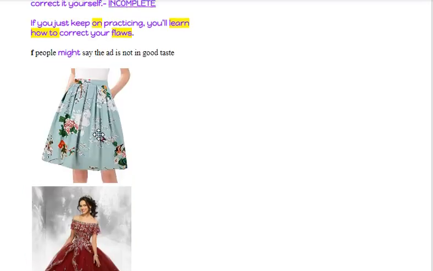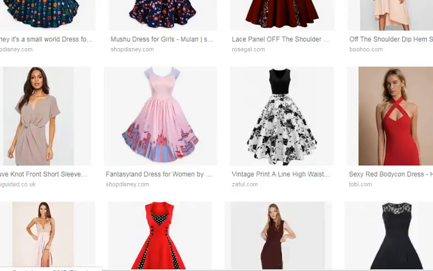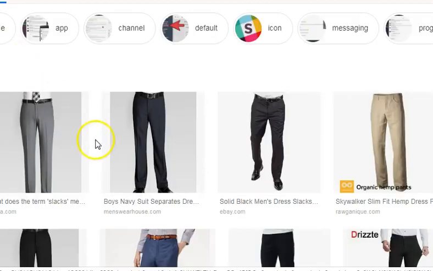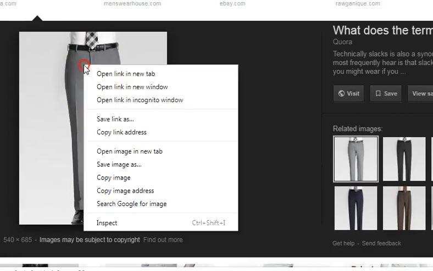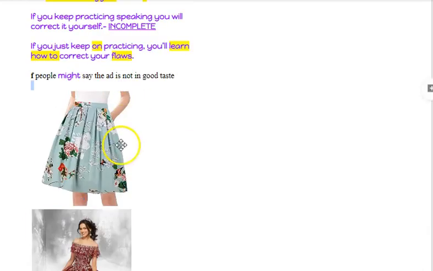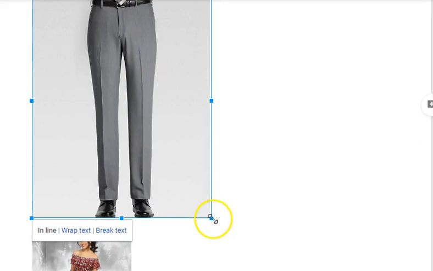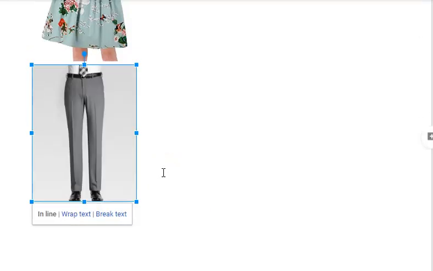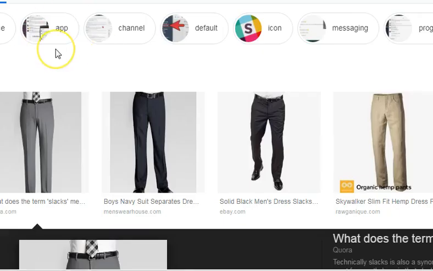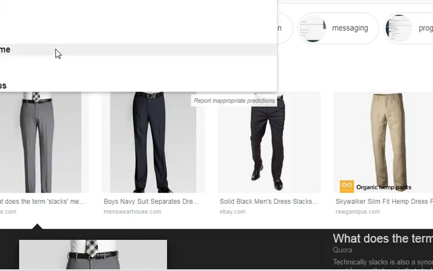Oh, I see. Or let's say a man wears slacks, like this one. Do you see that? And then you also combine those slacks with this one.